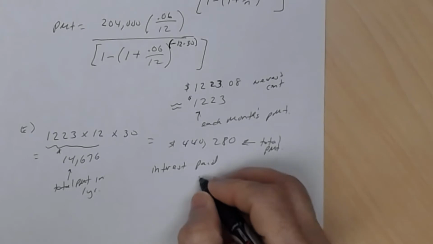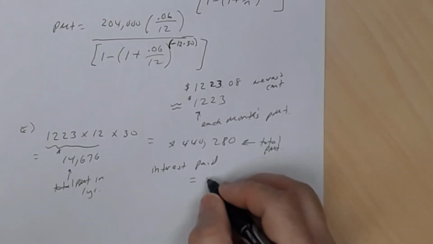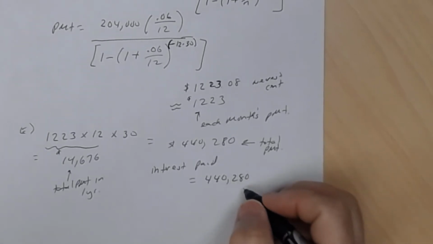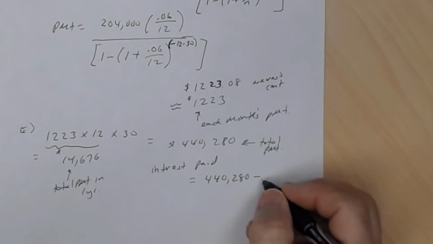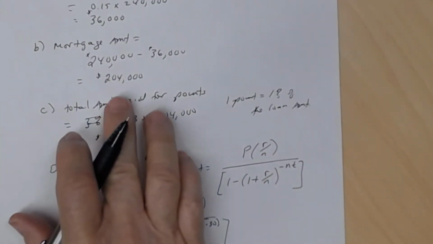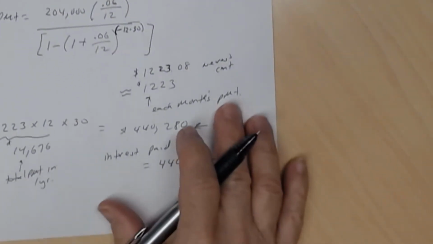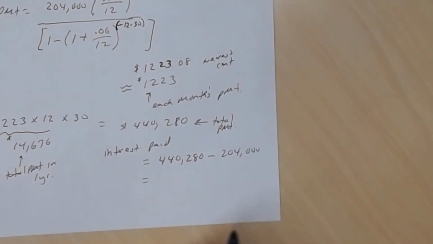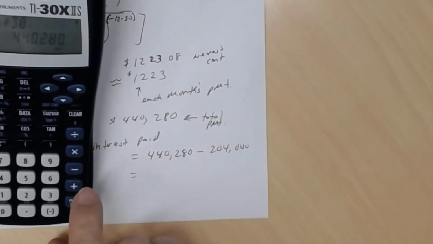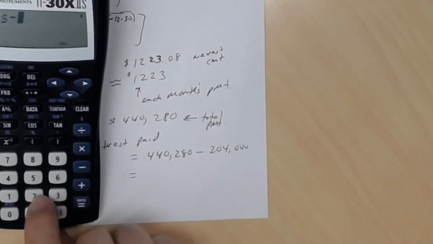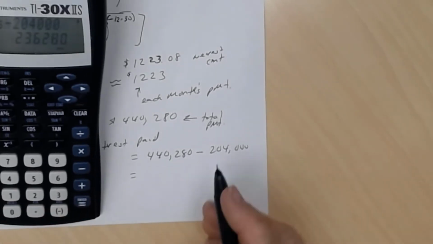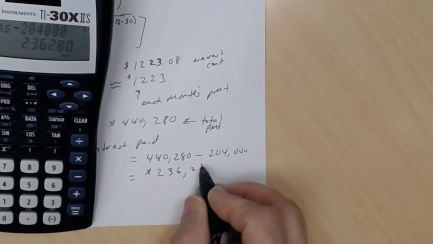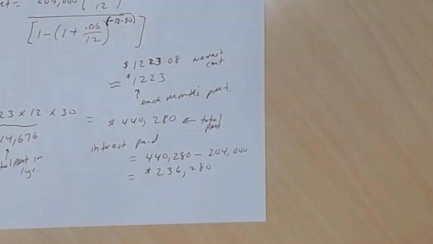So to find the interest paid, that's going to equal this right here, $440,280 minus the amount of the loan, which was $204,000. And then watch how much interest you have to pay. So when you subtract those, you paid a couple $100,000. This is how much you ended up paying. That's a lot of money, isn't it?